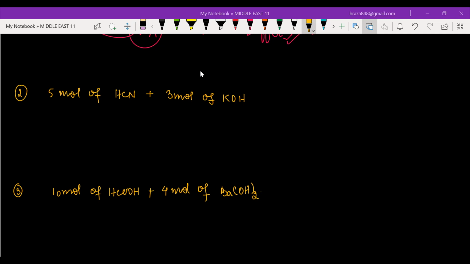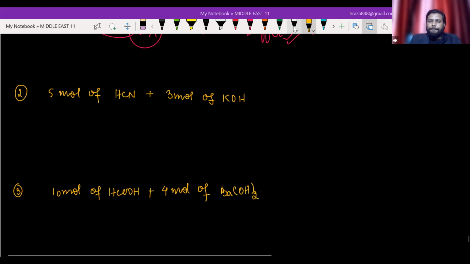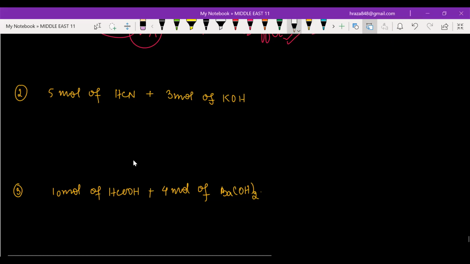What about the first one? Is it showing buffer? Is it a buffer solution? Yes, acidic buffer. Okay. Seth, I'm expecting an answer from you too. Sir, can you write the equation for the third one? Have you solved the first one? Yes, sir. I got an acidic buffer.